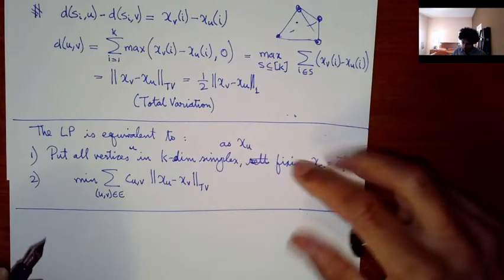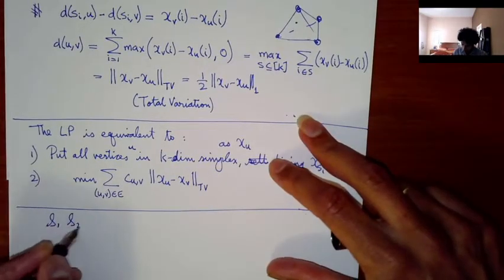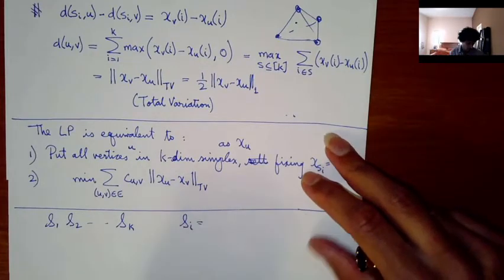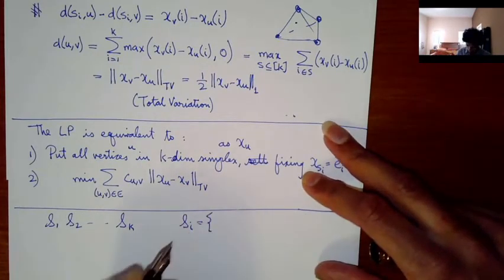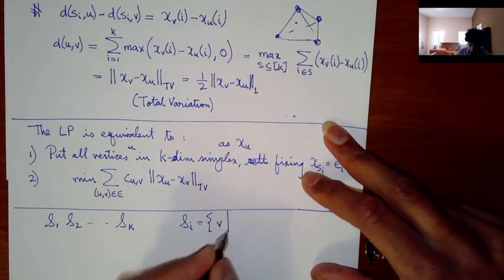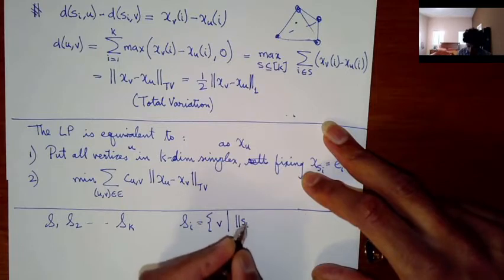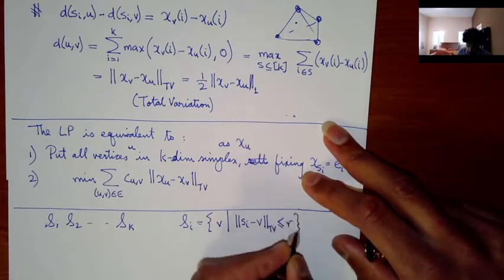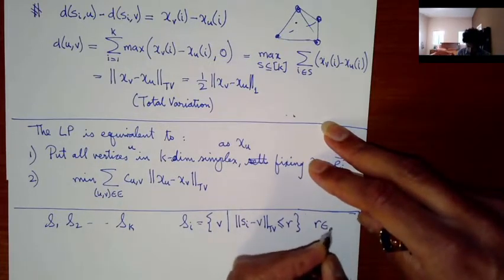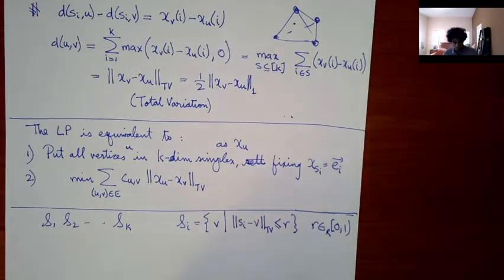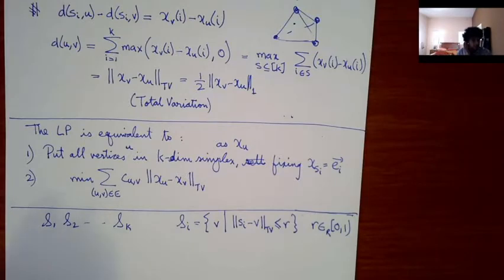Previously, remember, the randomized rounding was generating S_1, S_2 up to S_k, and S_i was set to, in this case we can use the same thing, all vertices V such that the total variation distance between S_i and V is at most R, where R was chosen uniformly at random. Now we said 0 and half over there. Let's just do 0 and 1, and we'll see that this is good enough. So this is how we chose these S_i's.